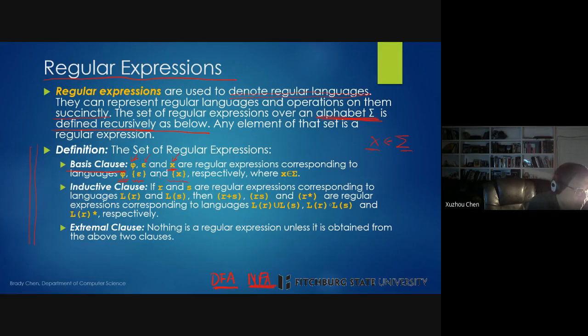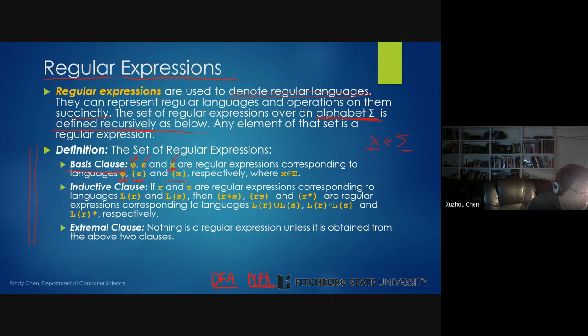In these, it's a regular expression. So phi is a regular expression in the regular language phi. Epsilon is a regular expression in the regular language which contains only the empty string epsilon.